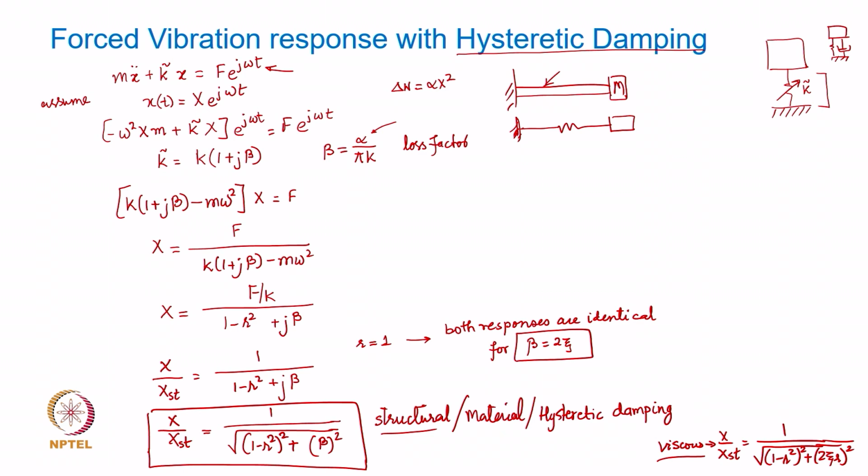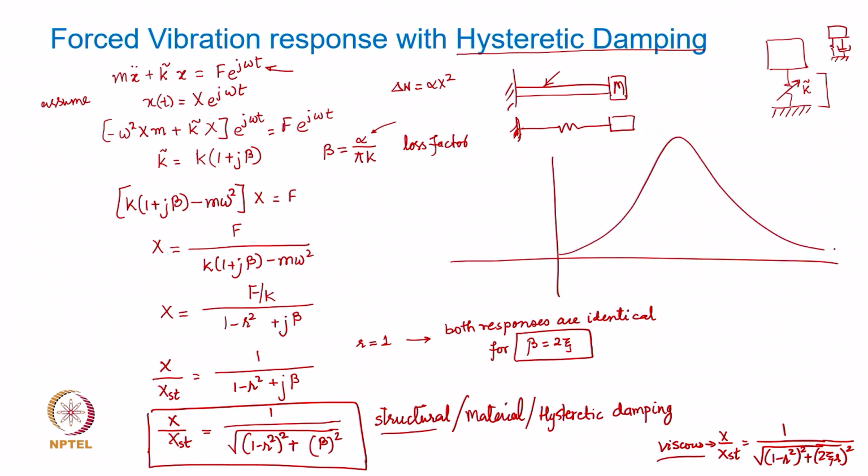So, if you plot this frequency response for a viscous damping case and a structural damping case, you would find that both of them have the same value at resonance, and at resonance beta is actually equal to 2 times the equivalent viscous damping coefficient. So, there is this relationship between the two, the loss factor and the viscous damping factor.